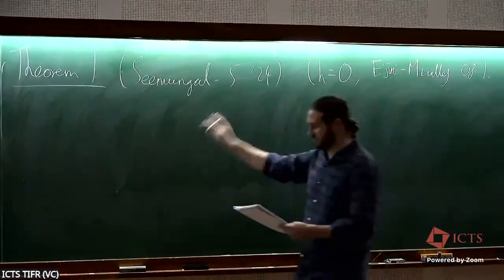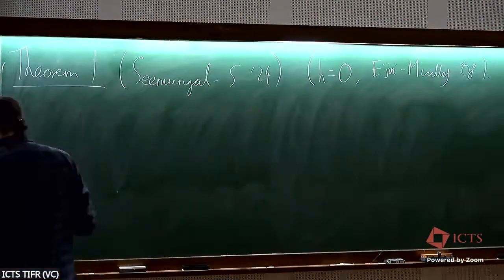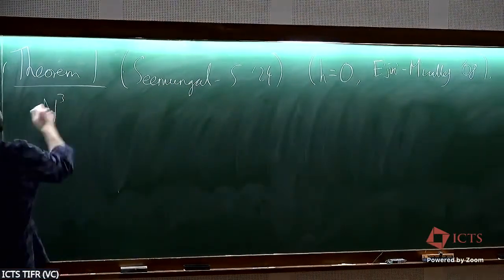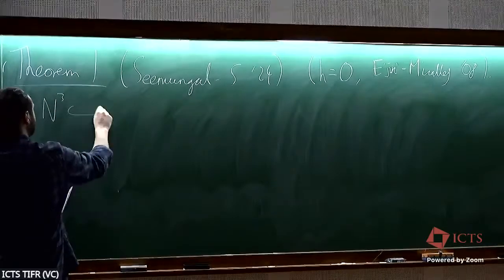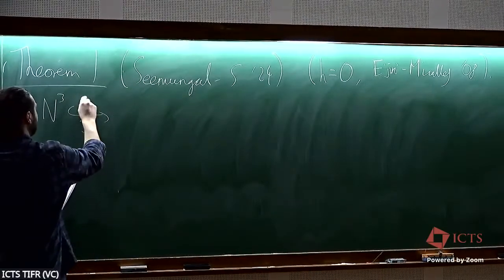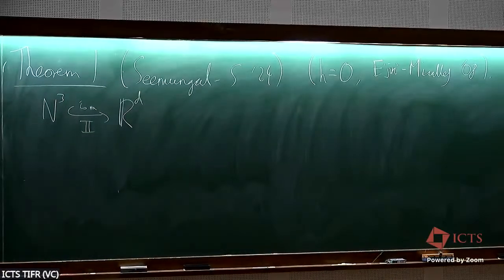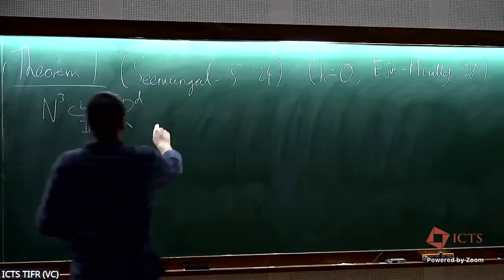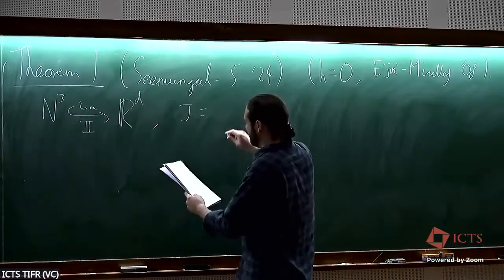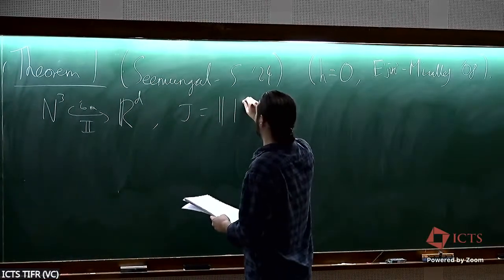So I'm going to write the CMC version. I'm going to assume that my 3-manifold is a submanifold of some high-dimensional Euclidean space with second fundamental form II. And J is going to be the L-infinity norm of the operator norm of that.